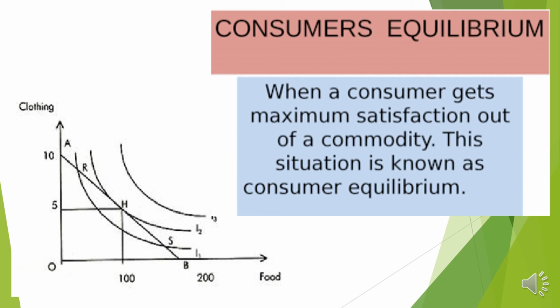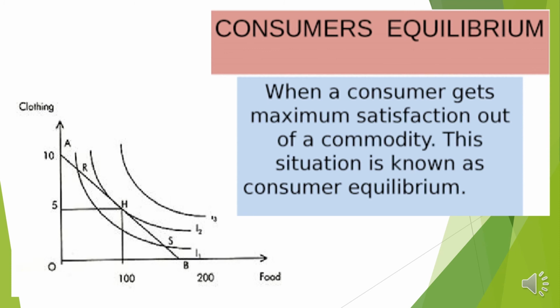The indifference map exhibits the consumer's scale of preference for two goods, which was explained earlier, and the budget line is a constraint representing all combinations of goods and services that the consumer may purchase within his given income. A consumer achieves equilibrium when, as per his income and the prices of goods he consumes, he gets maximum satisfaction. That is, when he reaches the highest indifference curve possible with his budget line.